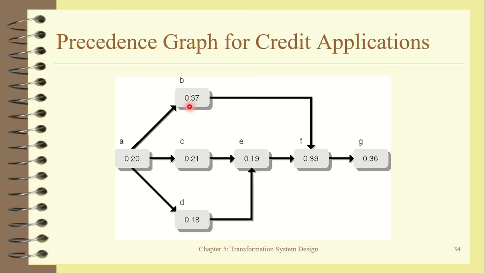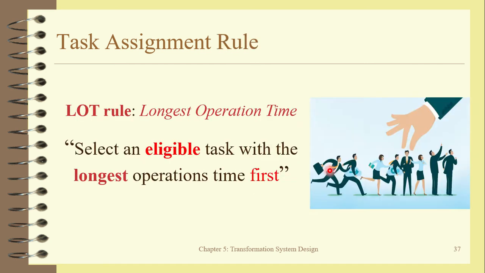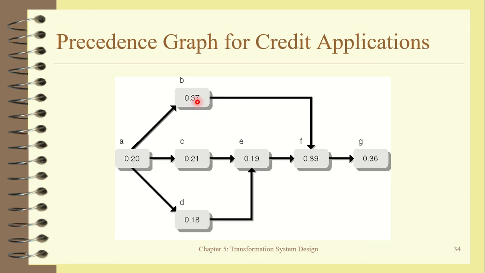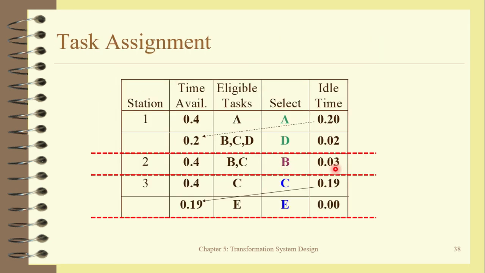Depending on LOT, because the task time of B is greater than the task time of C, and 0.37 could fit in 0.4 here, right? You select B, and the remaining time is 0.4 minus 0.37.